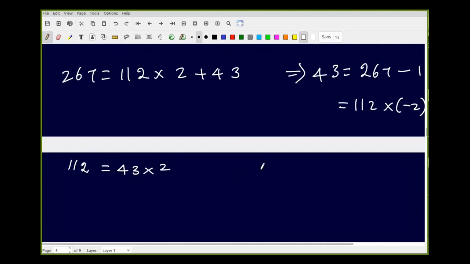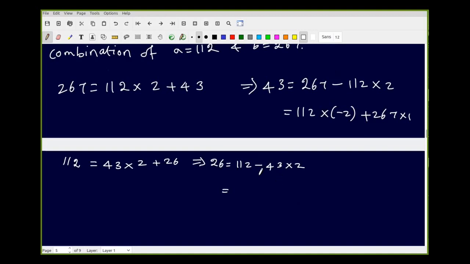So 2 times 43 plus 26 is 112. So this remainder 26 is written as 112 minus 43 into 2. So already we know 43 can be written as 112 into minus 2 plus 267 into 1.